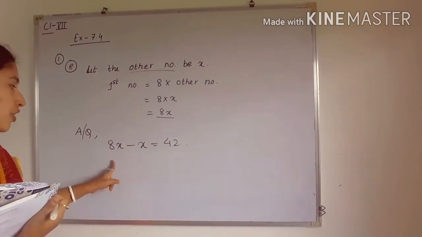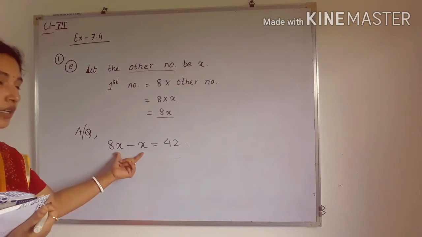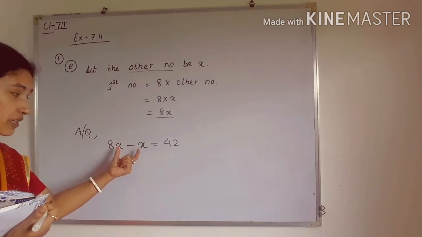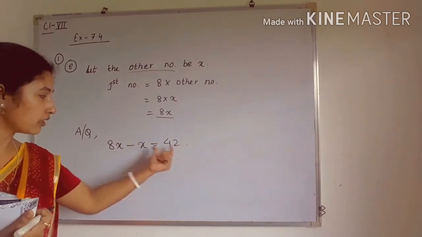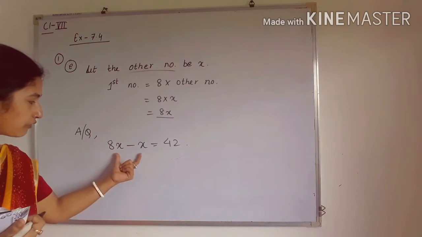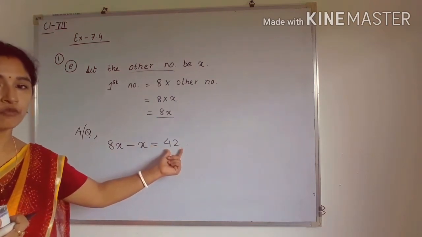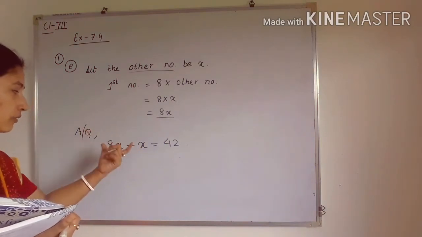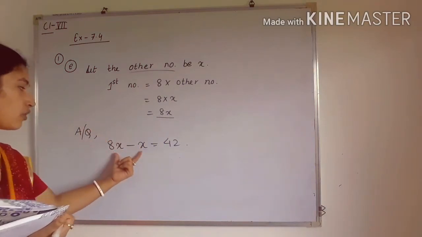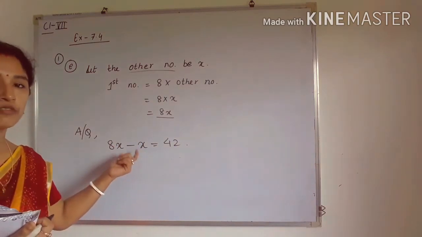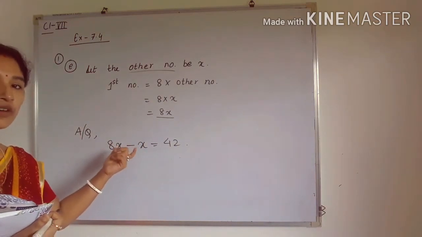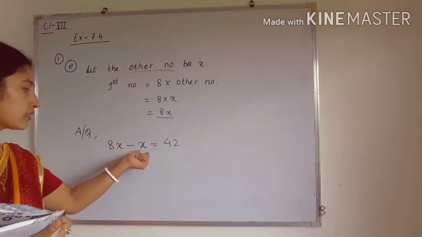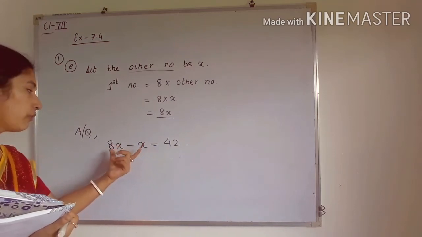If you write x first and 8x after, the answer will be a minus, a negative number. But it is given that if you find the difference of these numbers, you will get 42, and 42 is a positive number. That means on the left hand side also we have to see that it is a positive value. How will it become a positive value? By putting the first number as 8x and the second number as x. This will be positive.